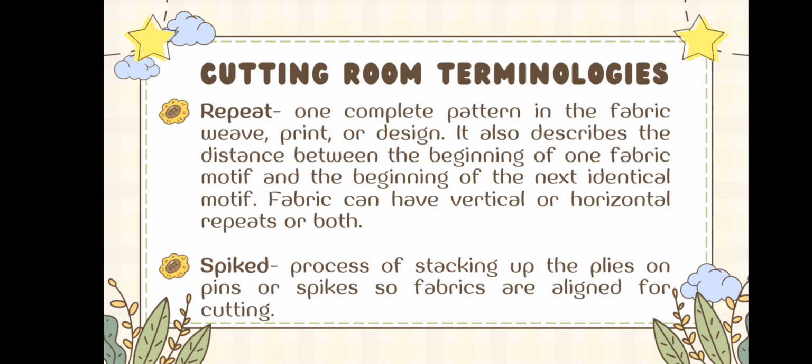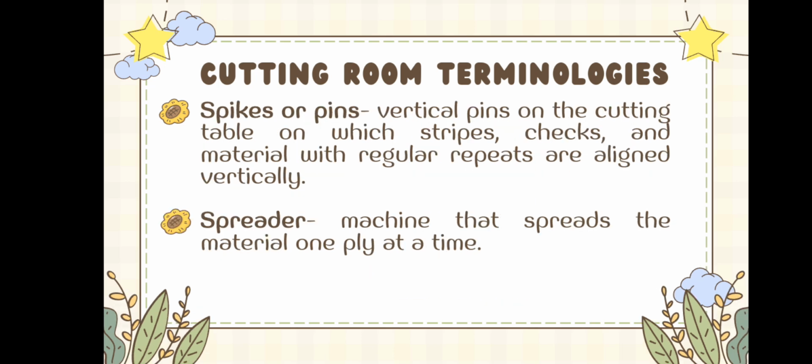So next we have spike. So this is a process of stacking up the plies on pins or spikes, so fabrics are aligned for cutting. The next, spikes or pins, are vertical pins on the cutting table on which stripes, checks, and materials with regular repeats are aligned vertically.